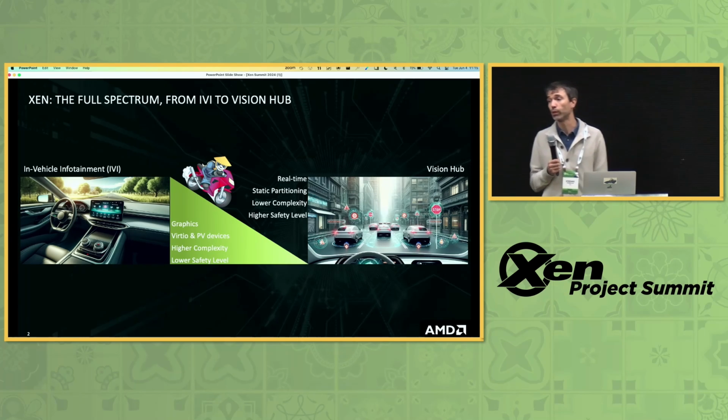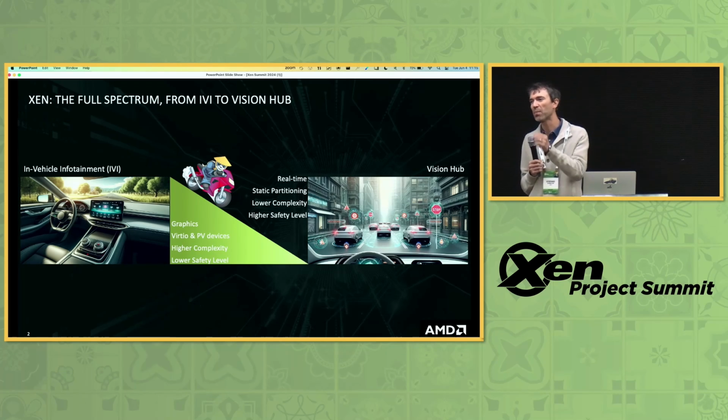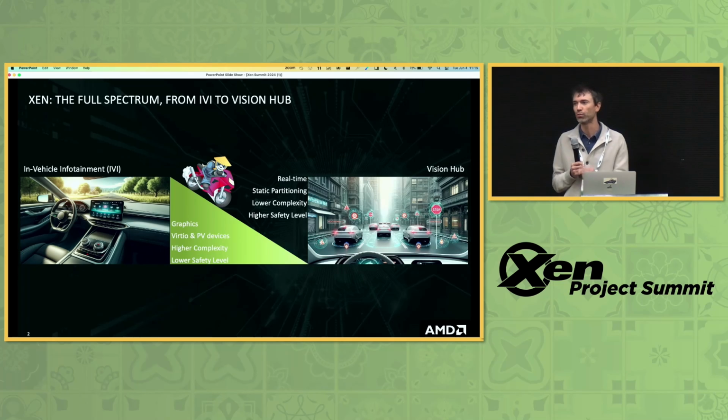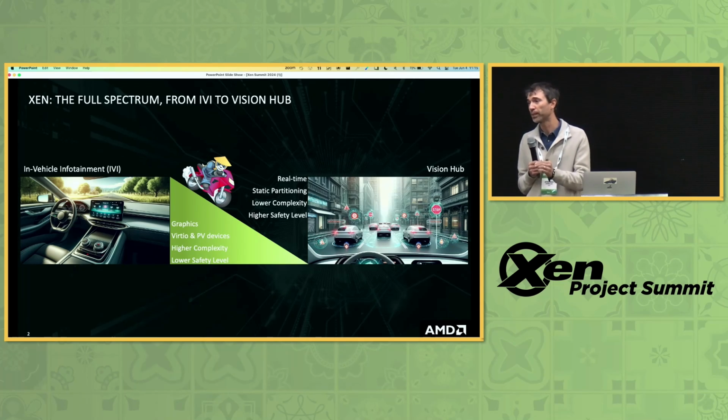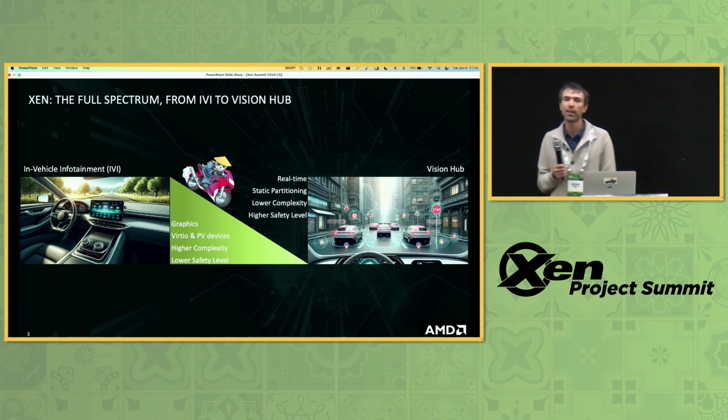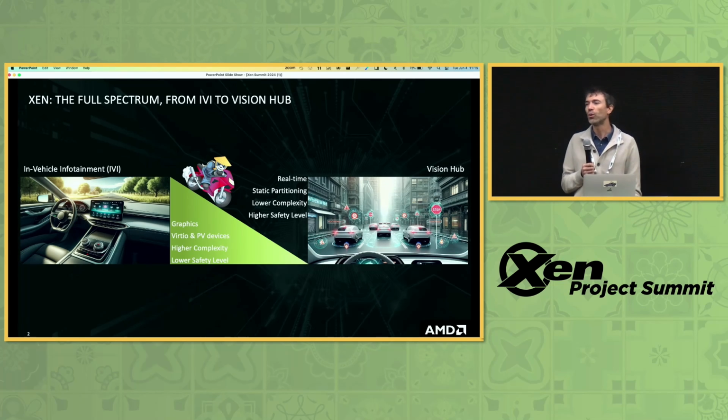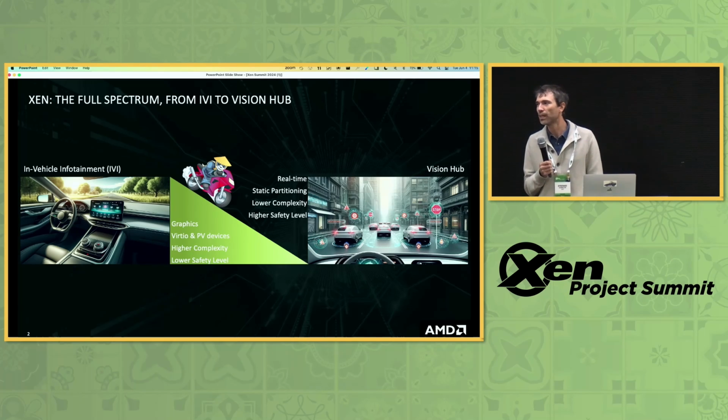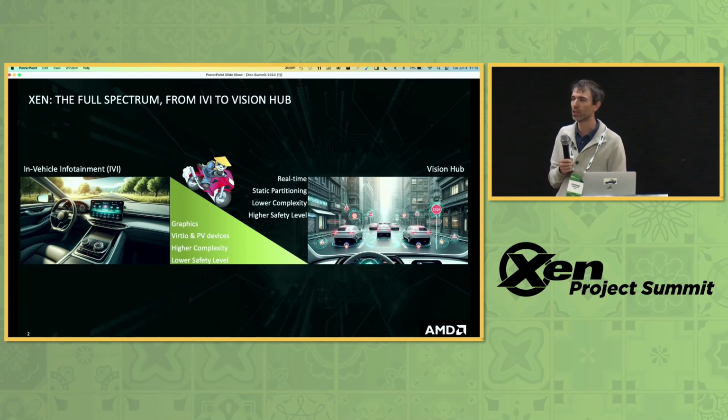Real time, though, is a factor here, right? Because the time response over that camera feed and detection of the obstacle in front of your car is very important. So it needs to be extremely low latency. With infotainment, you might have audio glitches, but in terms of latency we are talking milliseconds, while in the Vision Hub you're talking microseconds or nanoseconds.